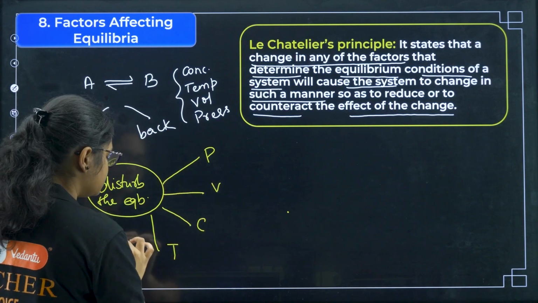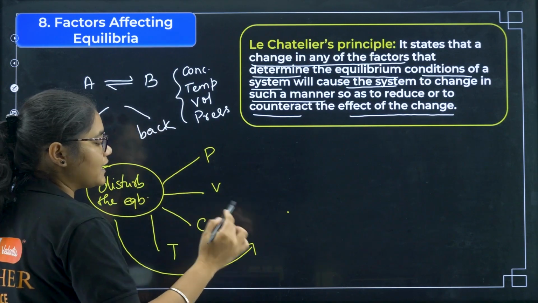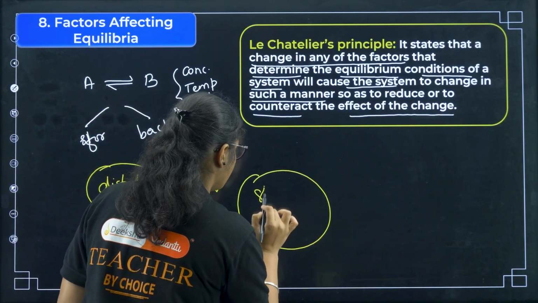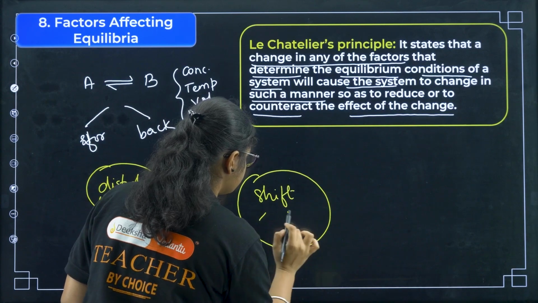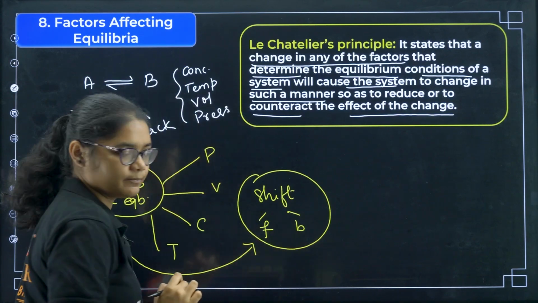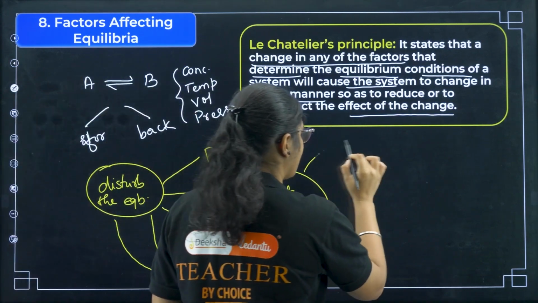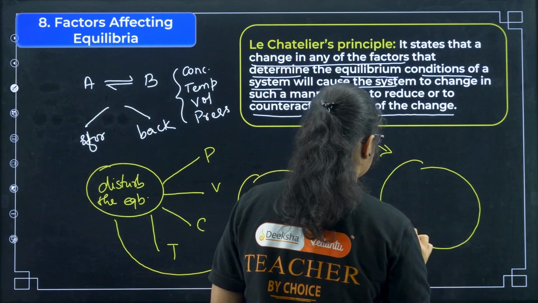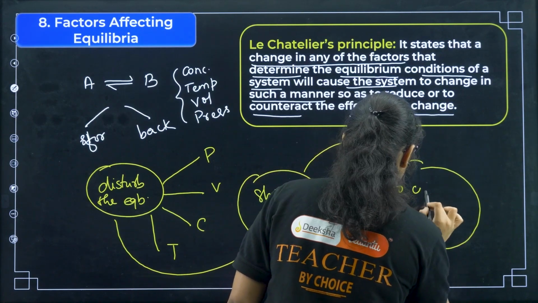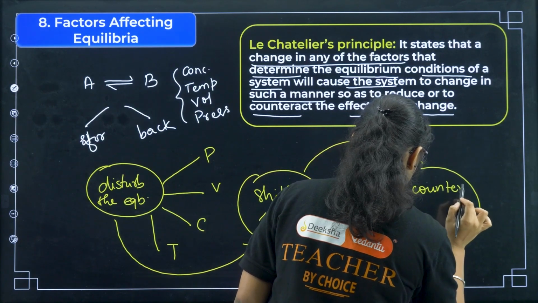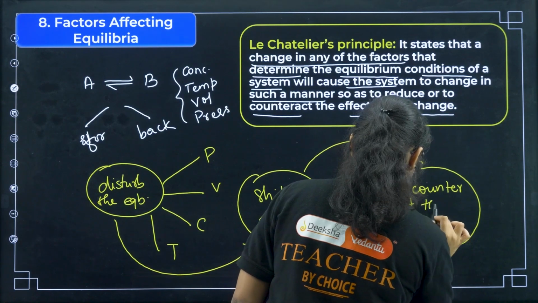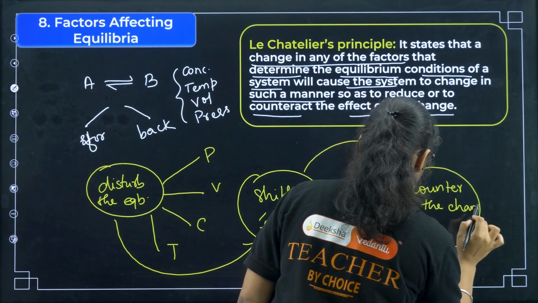If you disturb the equilibrium, then the reaction will shift, in which 2 directions? Forward and backward. How will it shift? The reaction will shift in the forward or backward direction to counteract the disturbance, or I can write, to counteract the change.